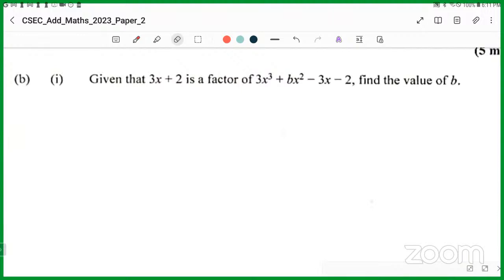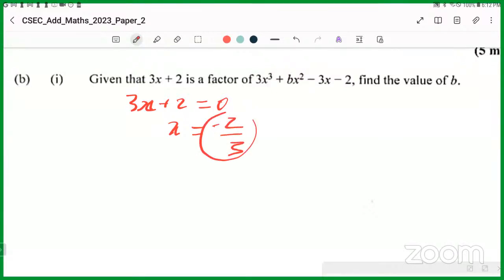So basically, if this is a factor of that, what's the A in this? What's the A in that? Minus 2 over 3. If I factorize away the 3, or just put it equals 0 to find the A. You put 3x plus 2 equals 0, x equals minus 2 over 3.